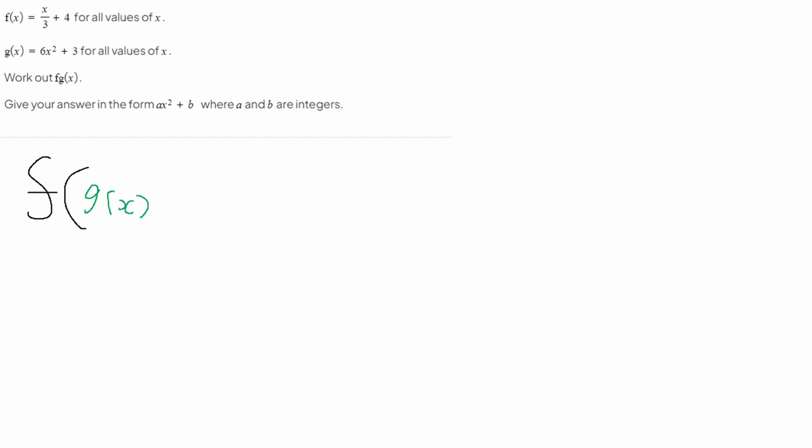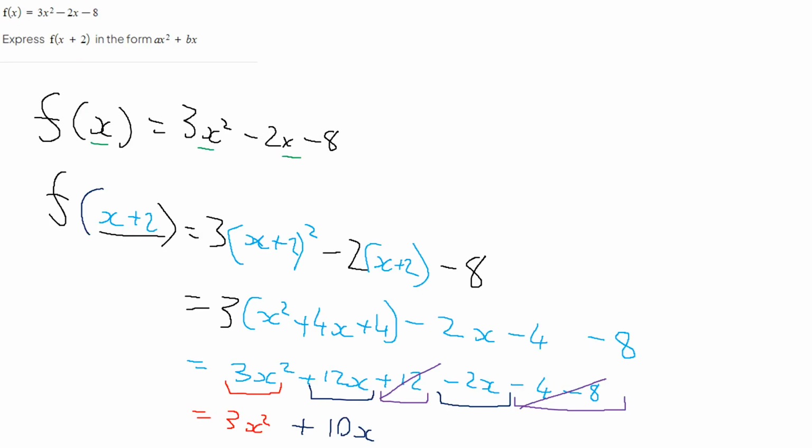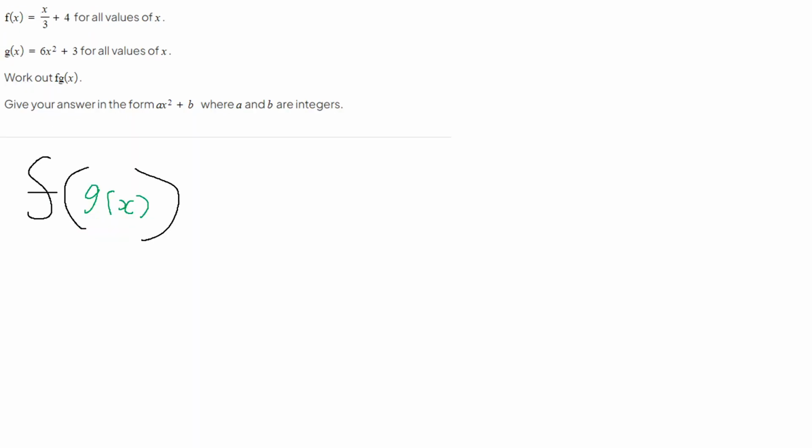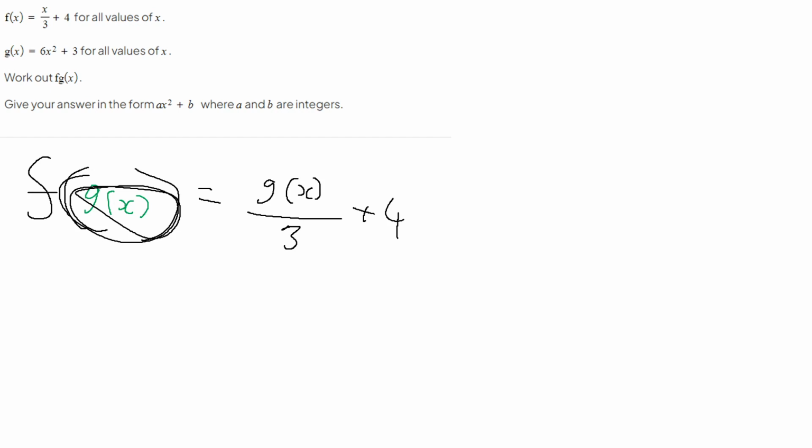And as you can probably tell, if before we had to substitute what's in here, here we need to substitute g of x. So this is the same as g of x over 3 plus 4. g of x is equal to 6x squared plus 3. So we can write out 6x squared plus 3 all divided by 3 plus 4.